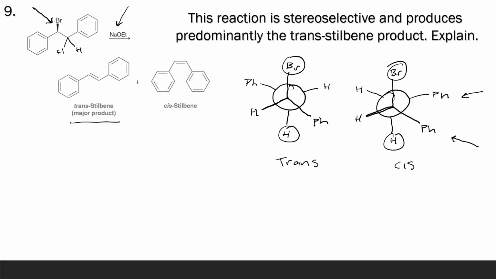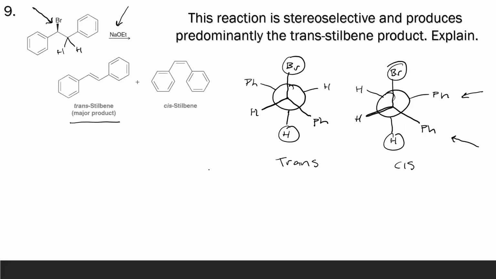That's going to make that reaction a little bit more thermodynamically unfavorable, and it's not going to be desired because it's going to require more energy for that reaction to occur.